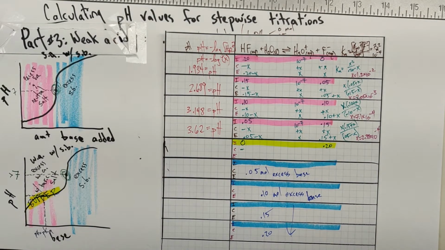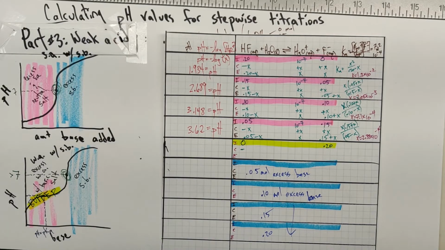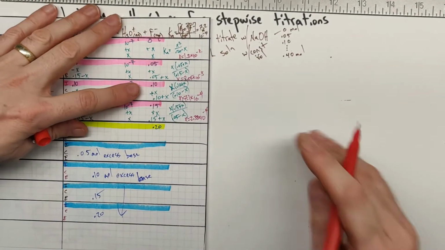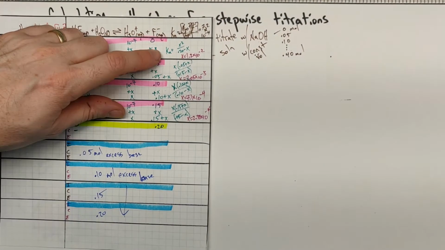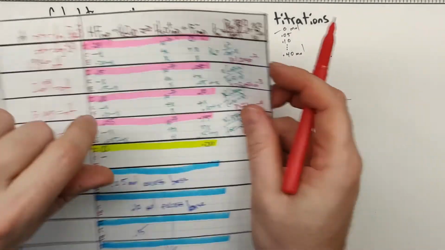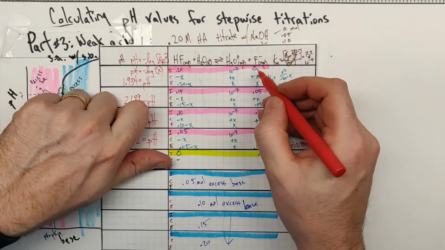Like, I'm sure there's a bunch of ways to do this, but I'm going to set it up right here, I guess. So instead of HF, H2O, H3O plus, F minus, I don't have HF. I have F minus.